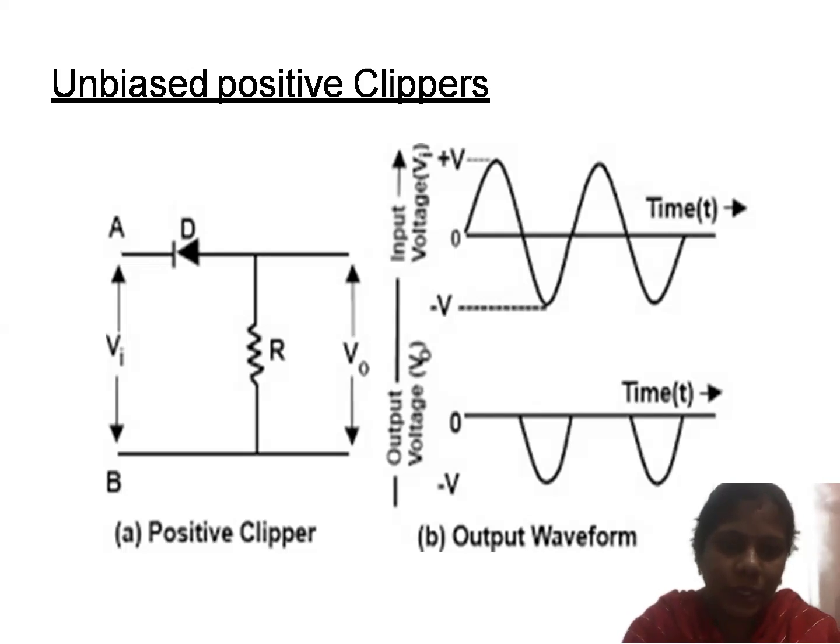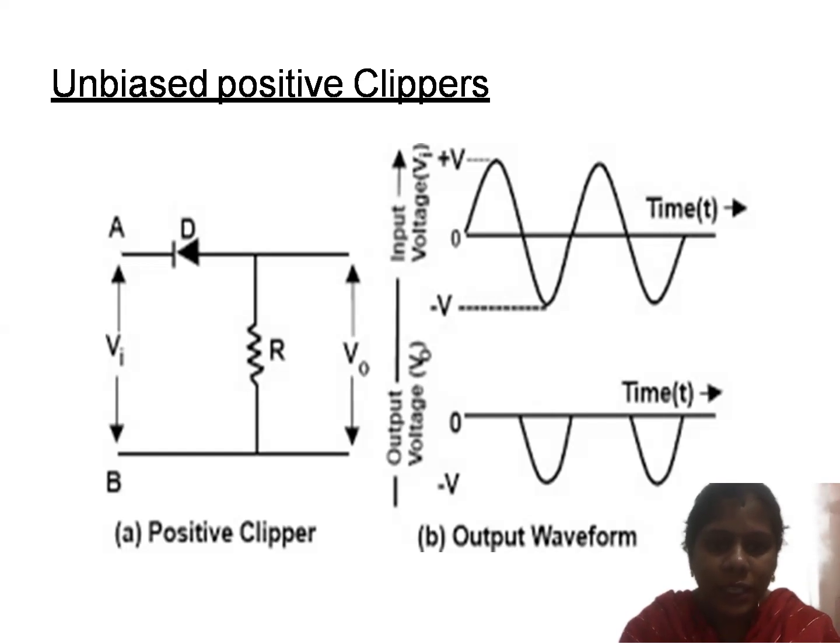During the positive cycle, diode D is reverse biased, and it acts as an open circuit. Whenever a negative cycle is applied, the diode acts as forward biased and gives the output signal as a negative cycle. So if you observe the input and output waveforms, the positive portion of the signal is clipped off, and we consider only the negative portion of the signal.